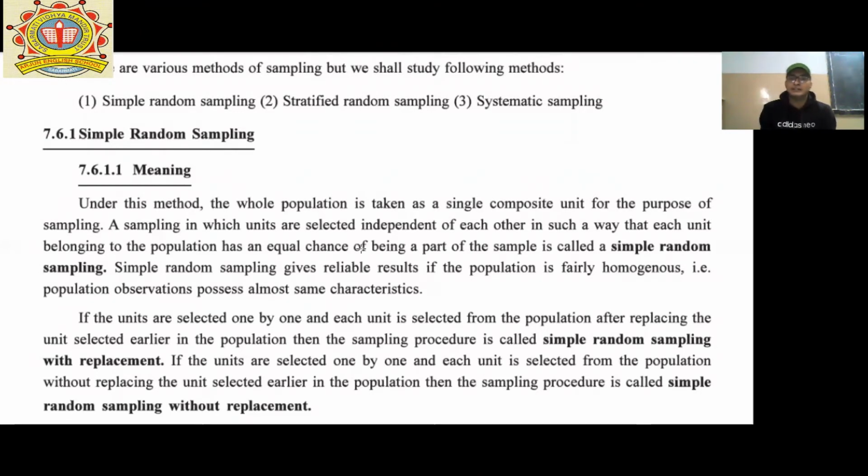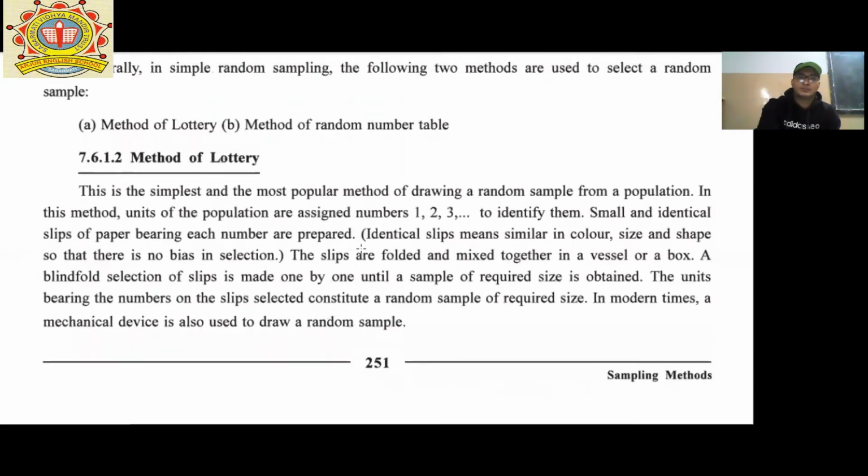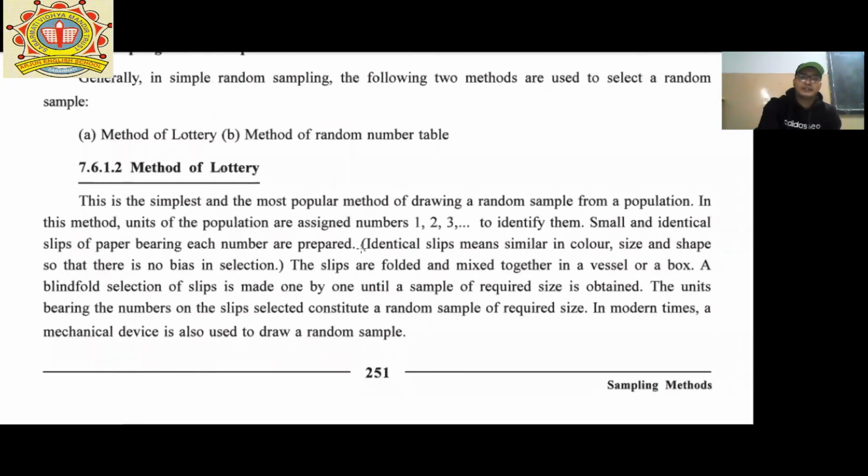And here they have provided simple random sampling with replacement and simple random sampling without replacement. So there are two methods for simple random sampling. Number one, the method of lottery that you all know, and number two, the method of random number table, which means from a table we are selecting any one number.